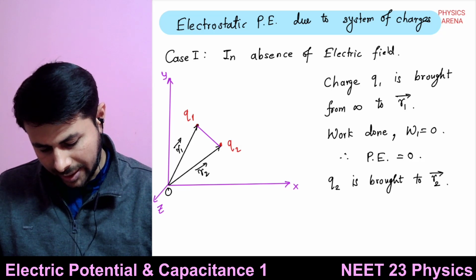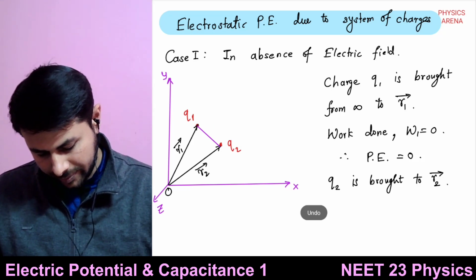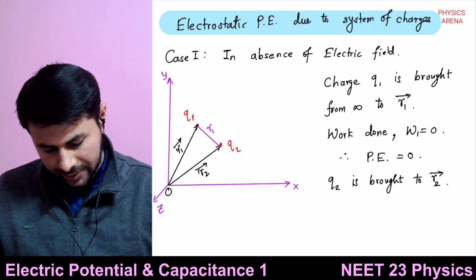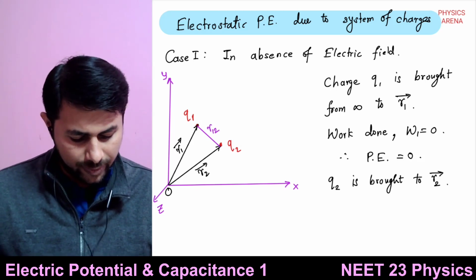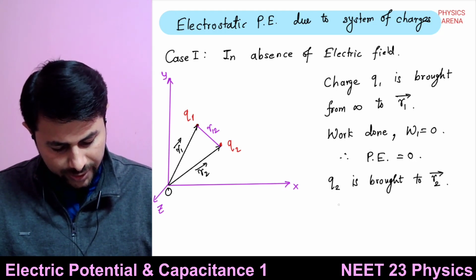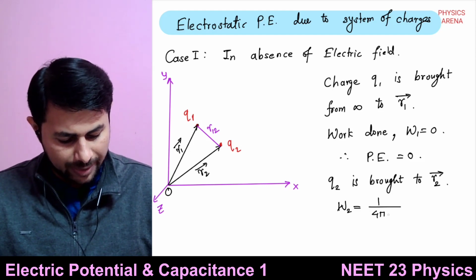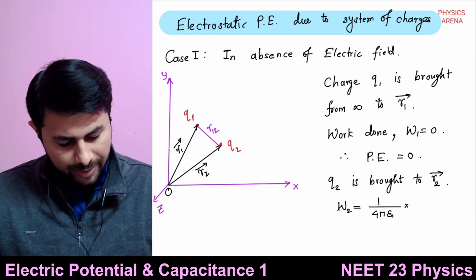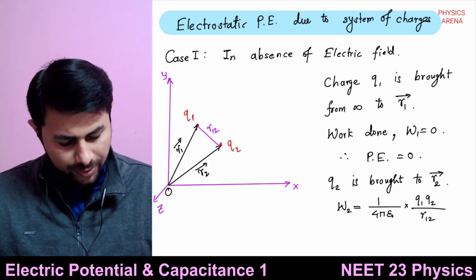Let's call it R12. Work done in this process is, suppose, W2. W2 is 1 upon 4 pi epsilon naught multiplied by Q1 Q2 divided by R12.